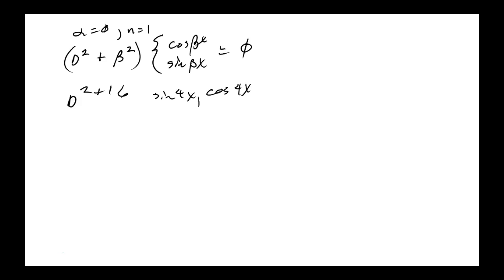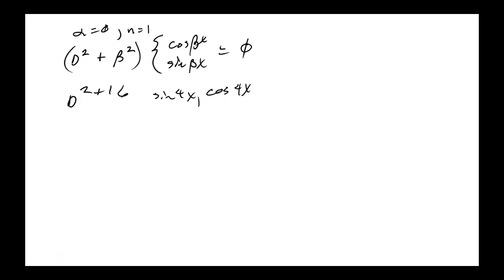Let us now suppose that L1, L2 are linear operators with constant coefficients, such that L1 annihilates y1, L2 annihilates y2, but L1 of y2 is not 0 and L2 of y1 is not 0.